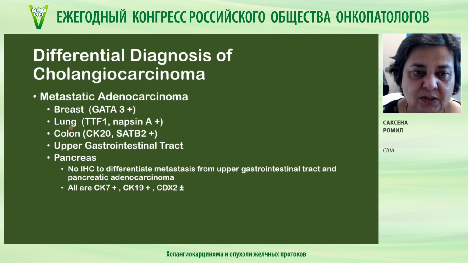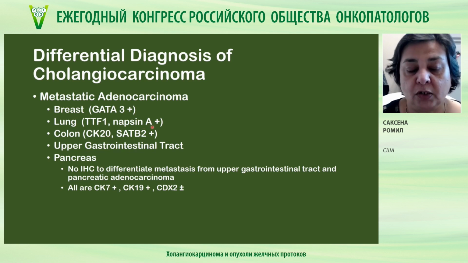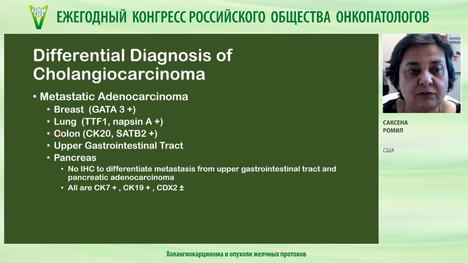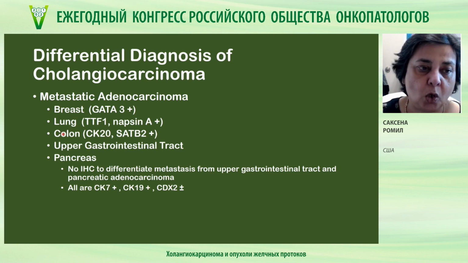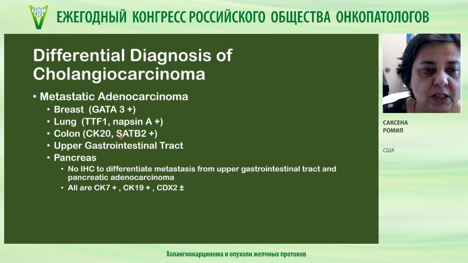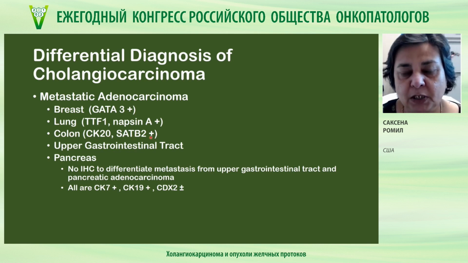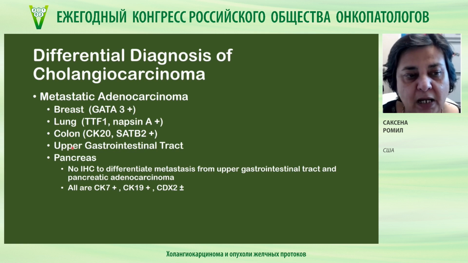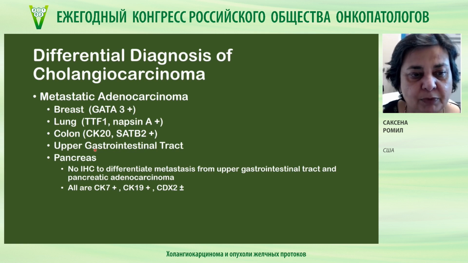For lung metastasis, TTF1 and NAPSIN-A are usually positive. Colon has a distinctive morphologic appearance, but if we want to do IHC, we can do CK20 or SATB2, which is positive in colon.